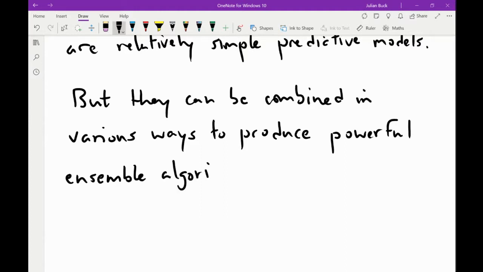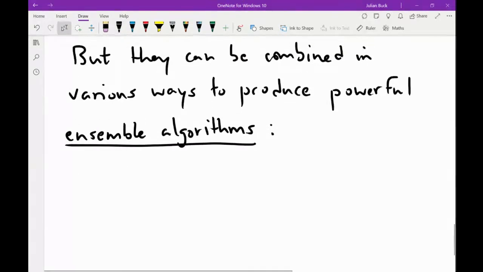By taking this relatively simple basic algorithm, which we'll eventually refer to as a base learner, the individual decision trees, what we'll see is that by combining those in various ways, aggregating them together, we get extremely powerful methods. One of these is called random forests.